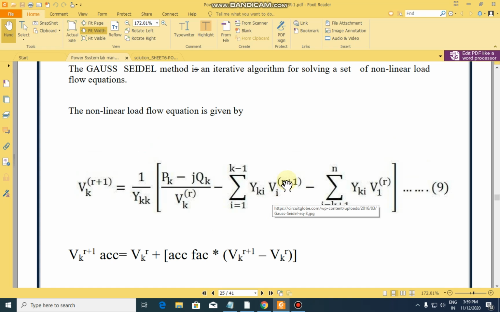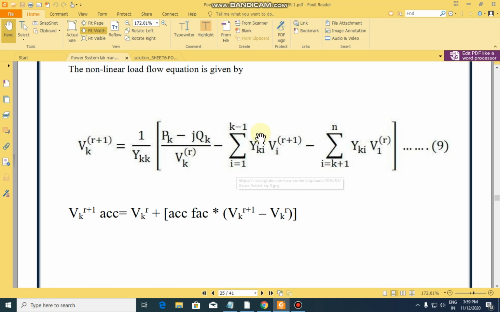If you need any clarification, you can check power system sheet 6, where a clear explanation is given and we have solved some problems also.